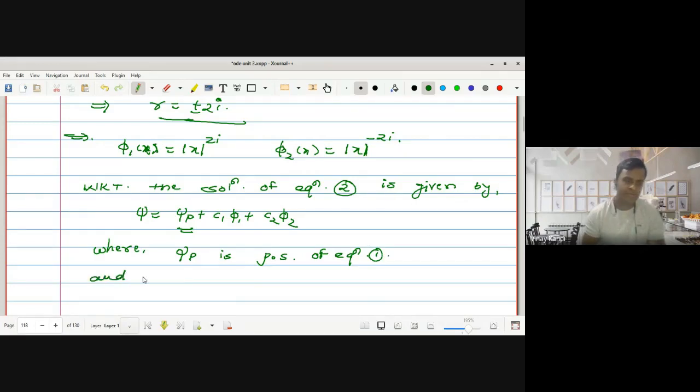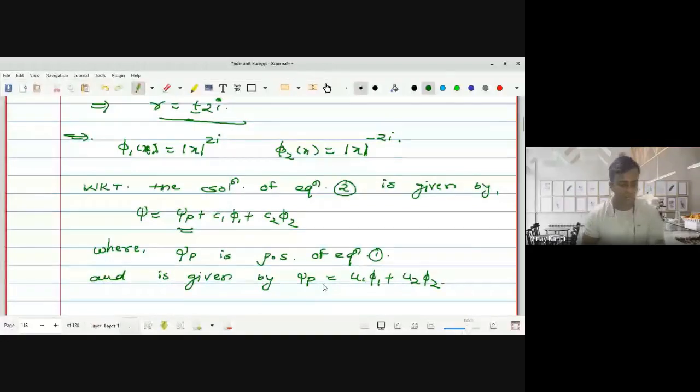How do we do it? In the previous two chapters we found psi p. Psi p is given by u1 phi 1 plus u2 phi 2, and we have to find the value of u1 and u2, then we find psi p.